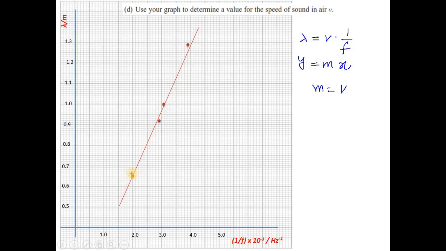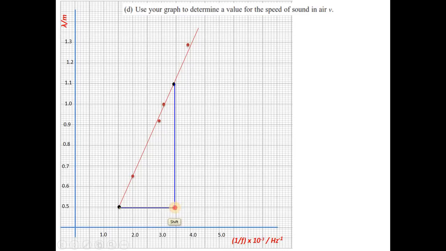You choose 2 different points on the line, and you draw a triangle like this, something like that, and you can choose any other point.